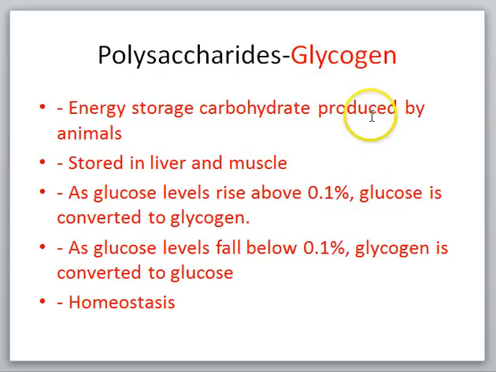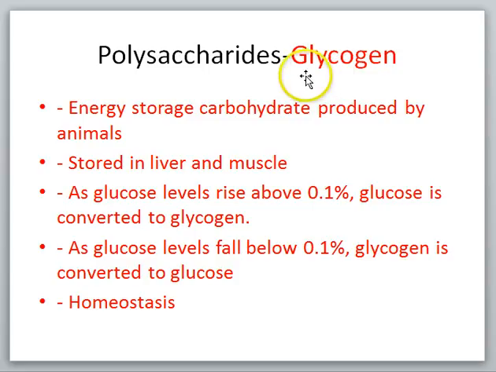Okay. We have another polysaccharide, and a little less common than starch. It's glycogen. Well, less common in the sense that we're less likely to know the word. So glycogen. Now, whenever you see this term glyco, you think that has something to do with carbohydrates.